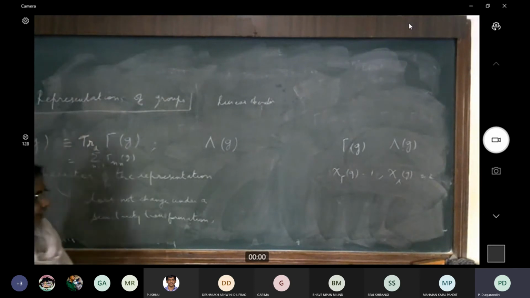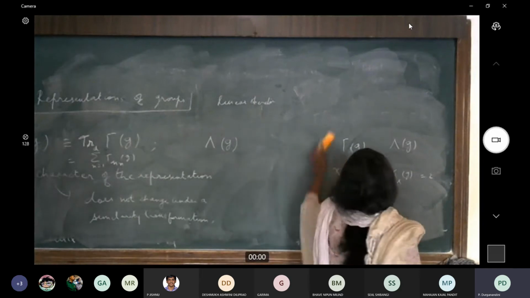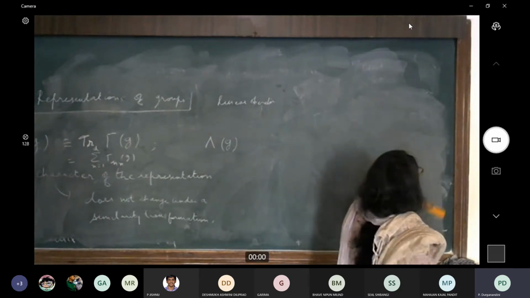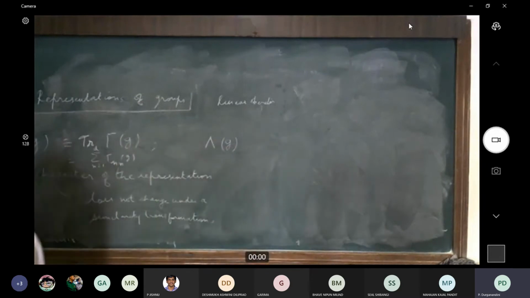So if the characters are different, then you immediately know that the two representations are inequivalent. On the other hand, if the characters are the same, then we have to think a little bit more. So at least I now have one number, one way of quantifying whether two representations are equivalent or not.